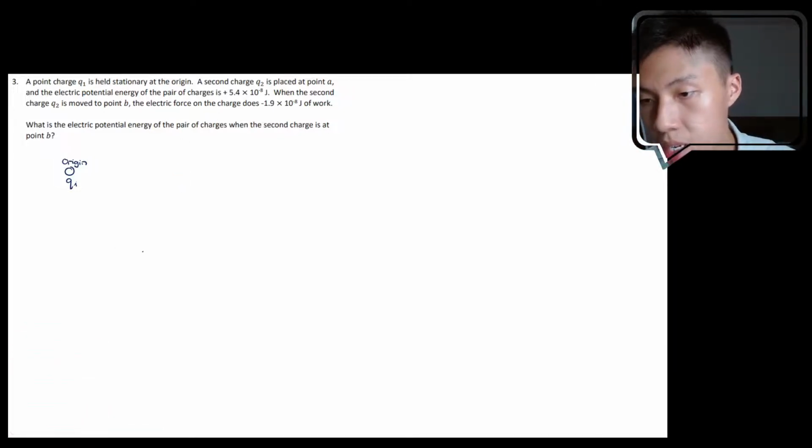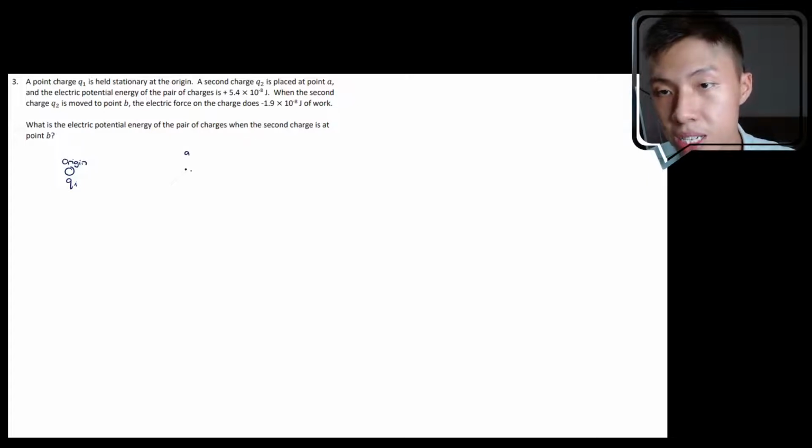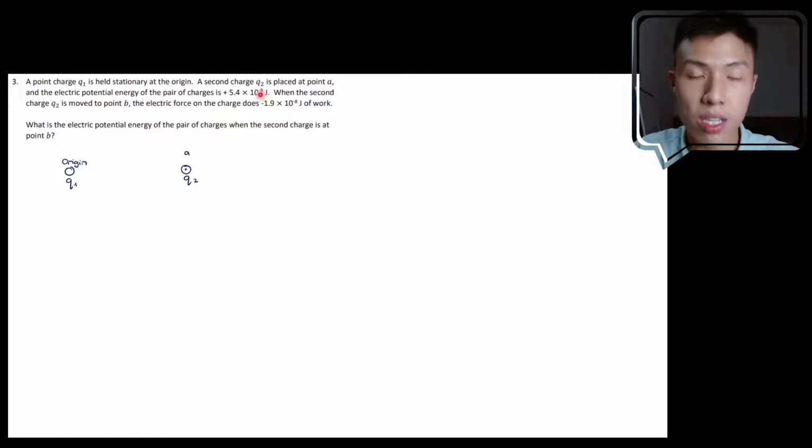So this is point A. Okay, then you place the second charge Q2 over here. Okay, and they say that the electric potential energy of the pair of charges is positive 5.4 times 10 to the power negative 8 joule.